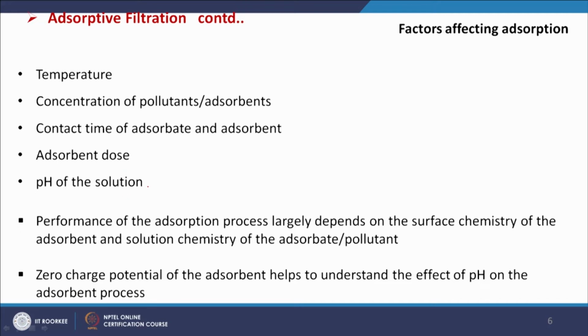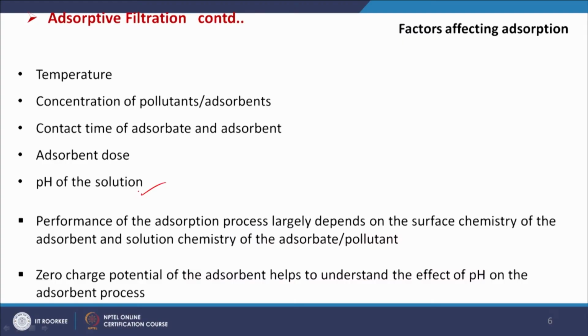And then pH of the solution. The pH of the solution plays an important role, because the adsorption phenomena is influenced by the solution phase chemistry of the adsorbent and the adsorbate, as well as the surface charge of the adsorbent, which changes with pH.